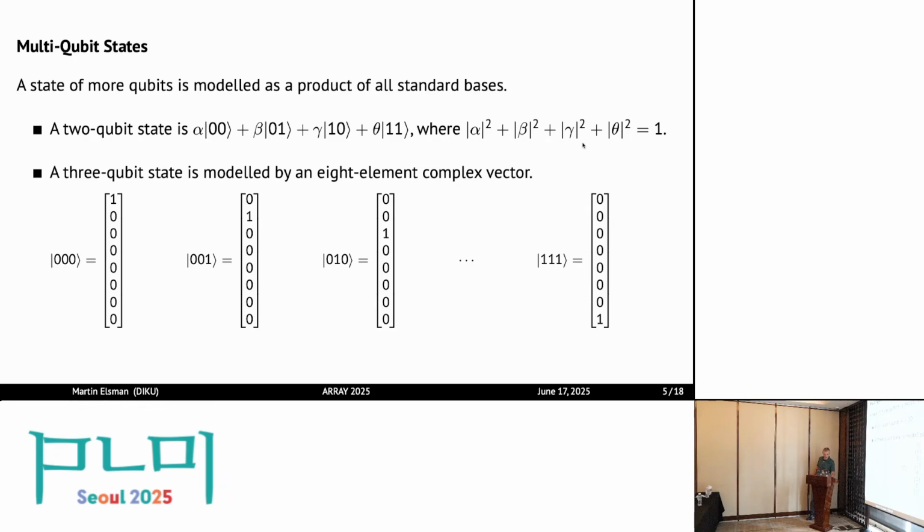At 3 qubits, we need 8 element complex vectors. Here we see that they usually use this Dirac notation, specifying indices for where the 1 is, shown down here in the case of 3 qubits as basis vectors.